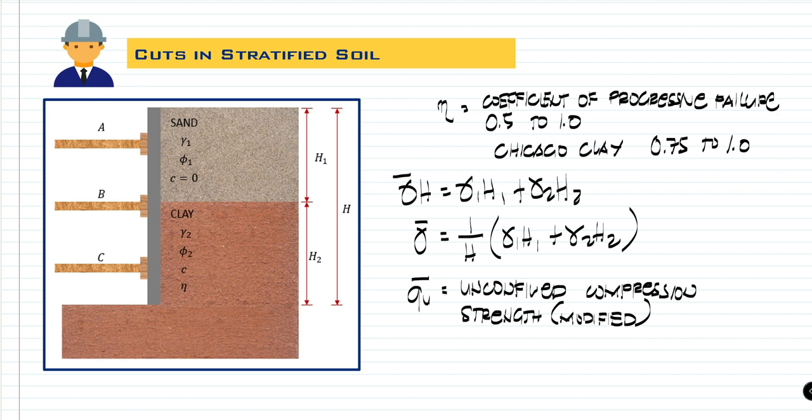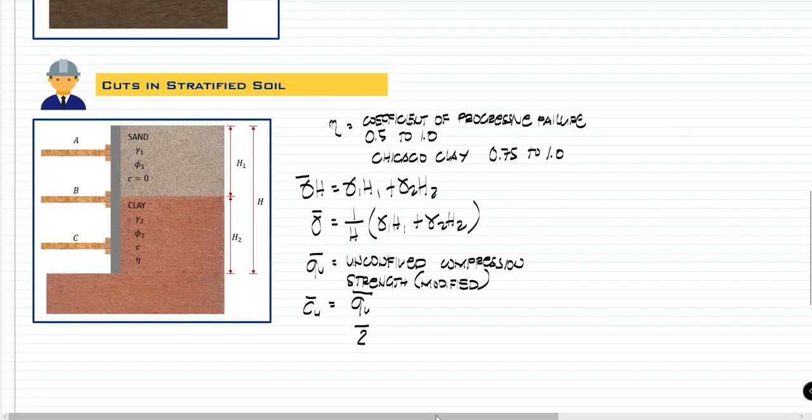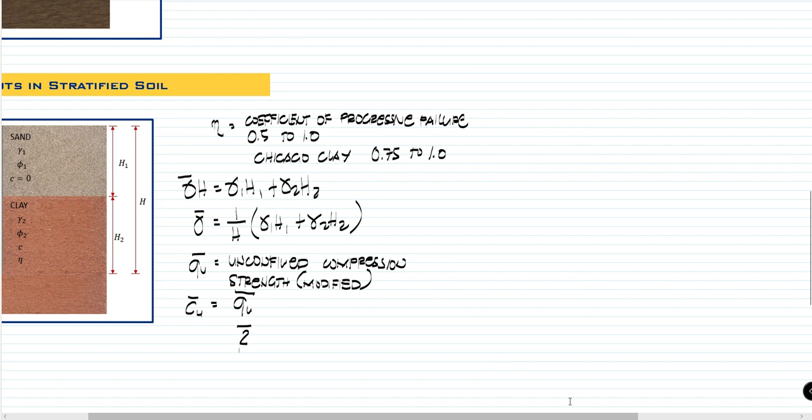Yan yung galing dun sa unconfined compression test natin from the shear strength test. So, alam natin that dito natin makukuha yung cohesion. So, magkakaroon tayo ng Cu bar dyan, which is, sabi natin, that is 1/2 of the unconfined compression strength. Kasi that is Qu bar over 2.